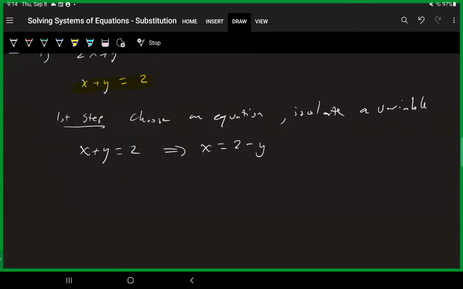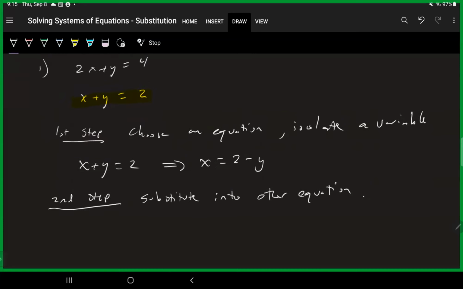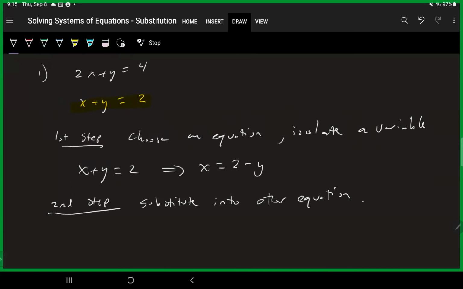And my second step, so we need to substitute in the other equation. So since this is x is 2 minus y, I'm going to substitute that x in that other equation, and we have to use the other equation.